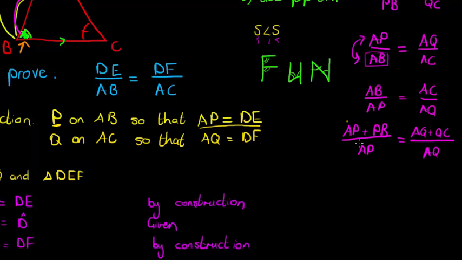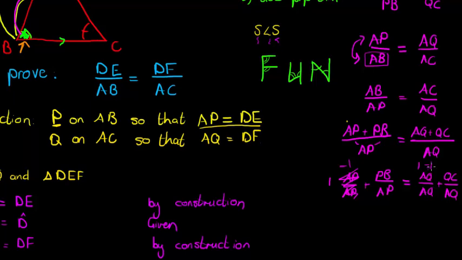Okay, so now remember if I have two terms divided by one term, I must distribute it. So I've got AP over AP plus PB over AP is equal to AQ over AQ plus QC over AQ. Oh, you believe me now? Oh, great. I like people not trusting me, by the way, because it means you are thinking. So this is going to give me 1, and this is going to give me 1. So I've got 1 on both sides, so I can subtract 1 and subtract 1.